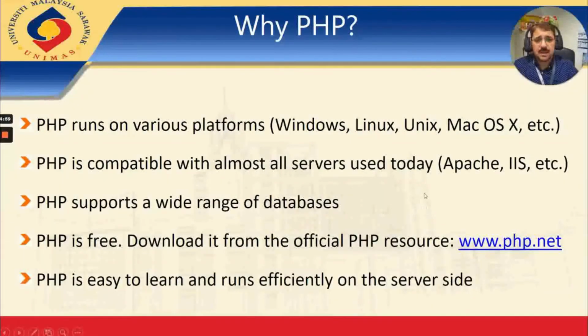Okay, so then why PHP? PHP runs on various platforms, as I told you, Windows, all this. And PHP is compatible with almost all servers used today. For example, you see, these are the servers, Apache and IIS. Okay, these are the two most common servers which are used. So I will explain to you. Apache is cross-platform, and it is free, open source.